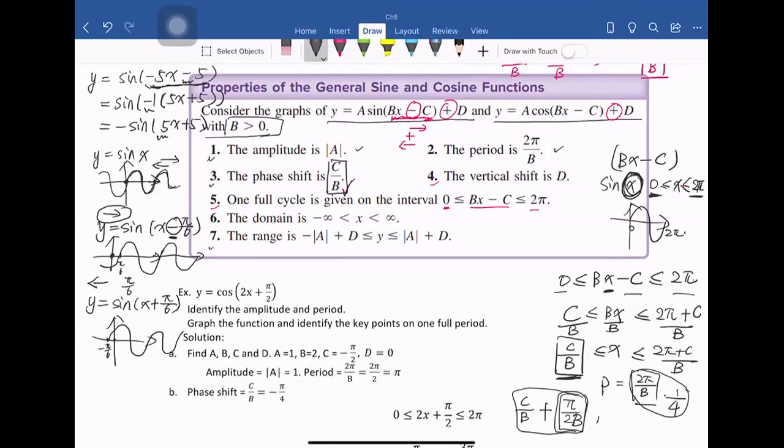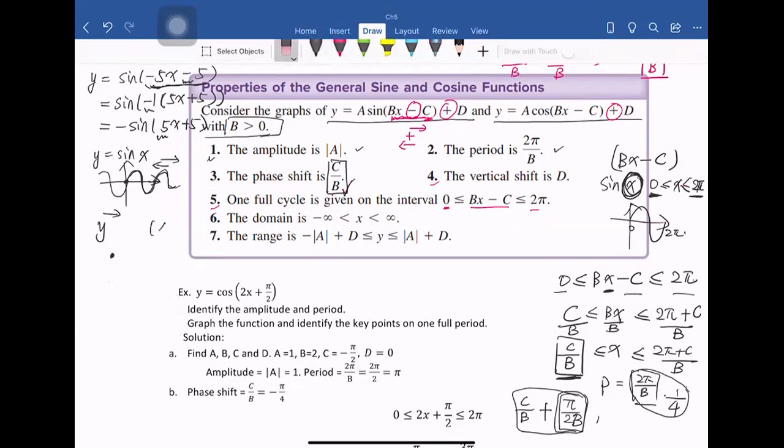Let's see, what's the next property? The next property is the domain. The domain is negative infinity to infinity, because this is a cosine or sine function, so we can choose any x on the x-axis.